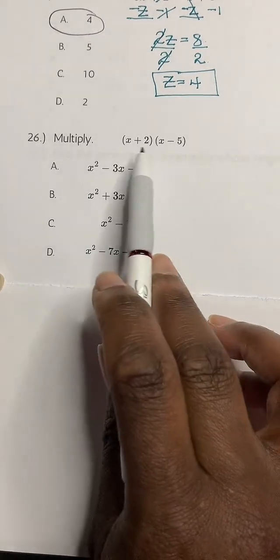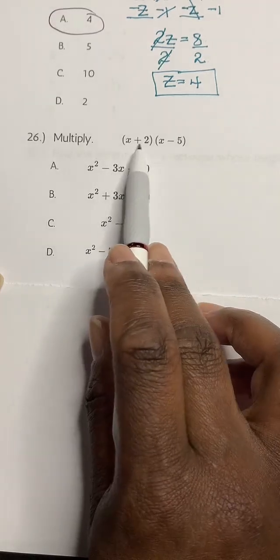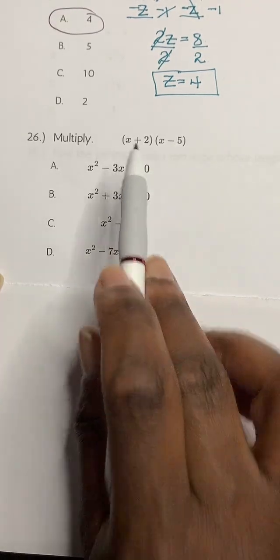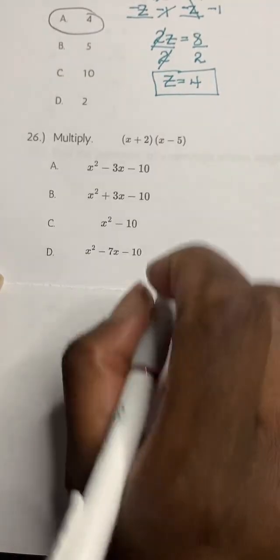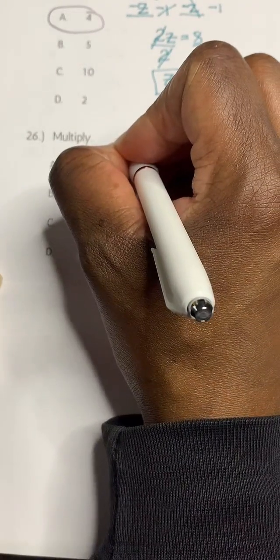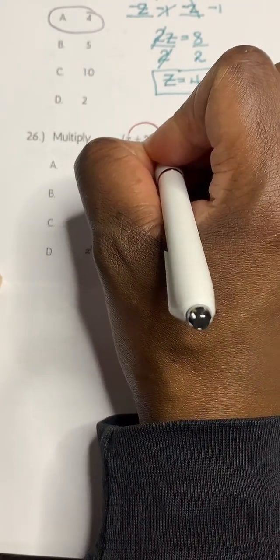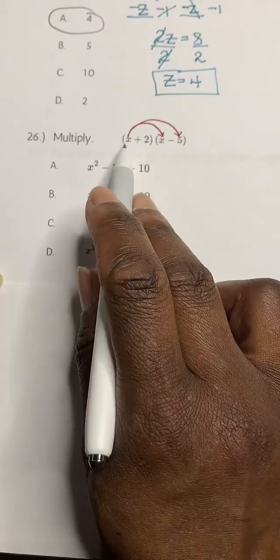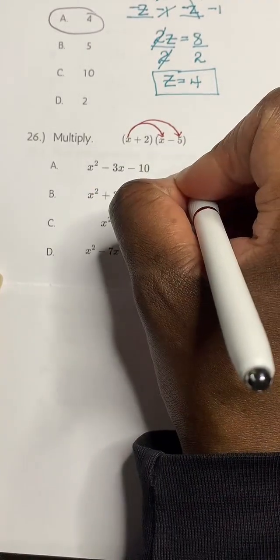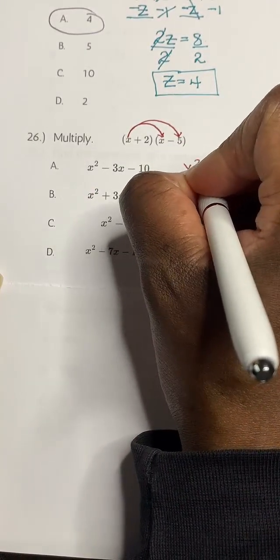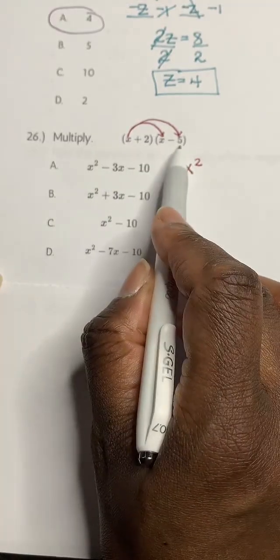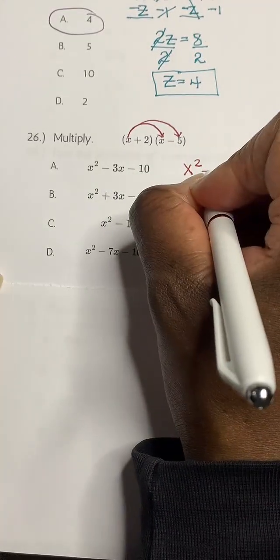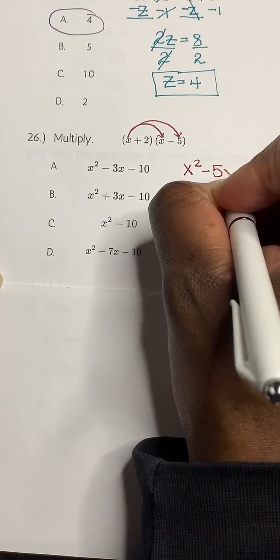So now, like some people said, we have two binomials here. What we can do is FOIL. So when we have that x, we're going to distribute this x to everything in that second parenthesis. So x times x gives me x squared, and then x times negative 5 gives me negative 5x.